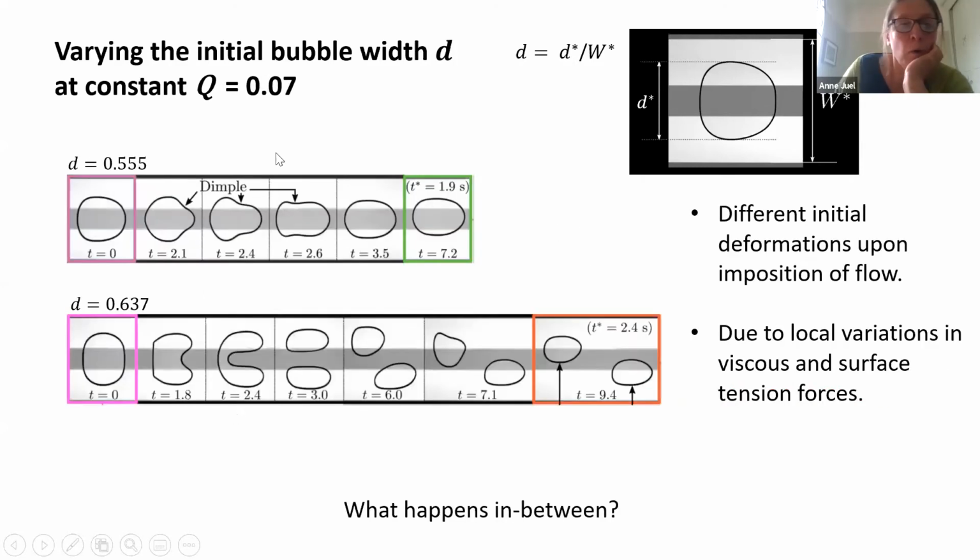So what actually happens in the detail is that the bubble deforms over the rail when it's narrow. So it's pulled forward. You have a tip that's pulled forward over the rail. The bubble deforms.